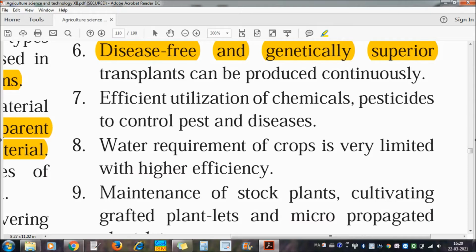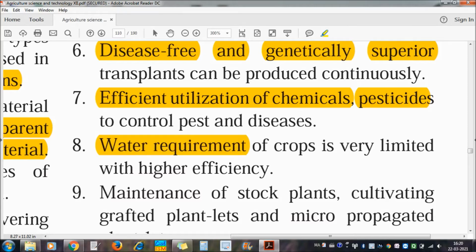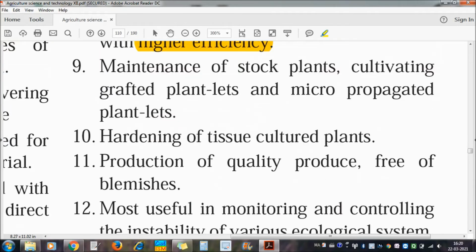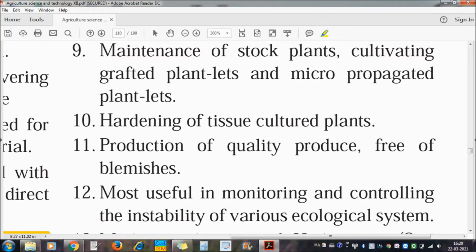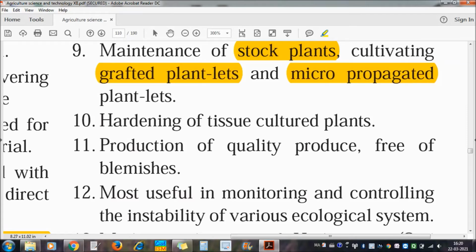There is efficient utilization of chemicals and pesticides to control pests and diseases, means there will be minimum loss of these chemicals which are very costly, and water requirement is also very limited, and it can be used very efficiently. We can also maintain the stock plants, the grafted plantlets or micro propagated plants in the house.